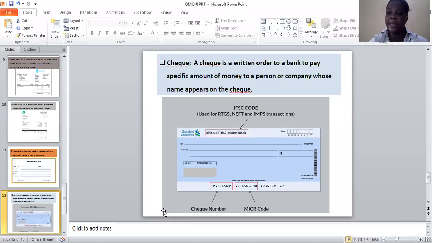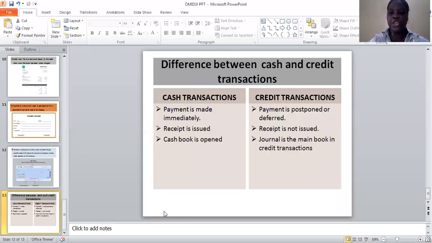It can be an individual name, and at the same time, it can be a company's name. That is an example of checkbook. And that will take us to the next subtopic, which is differences between cash and credit transaction.